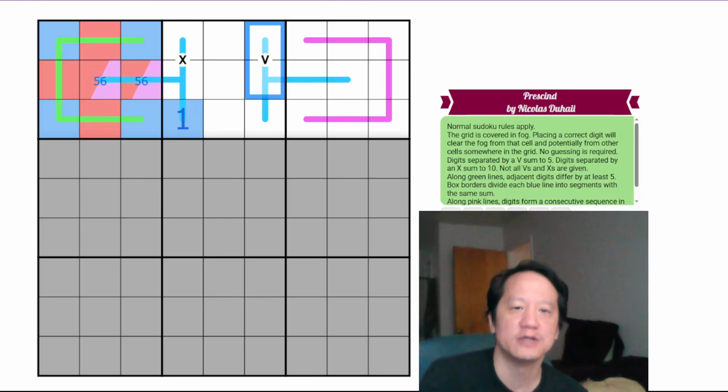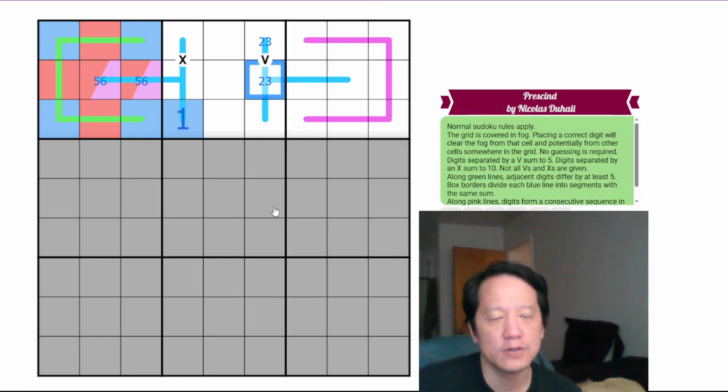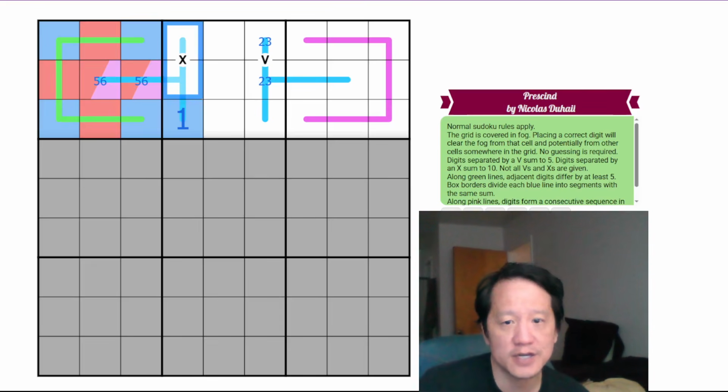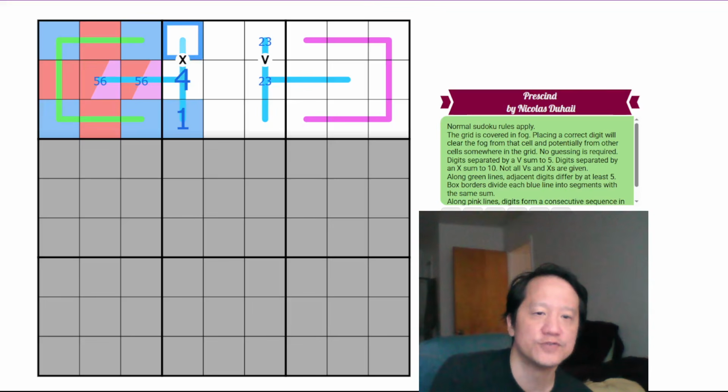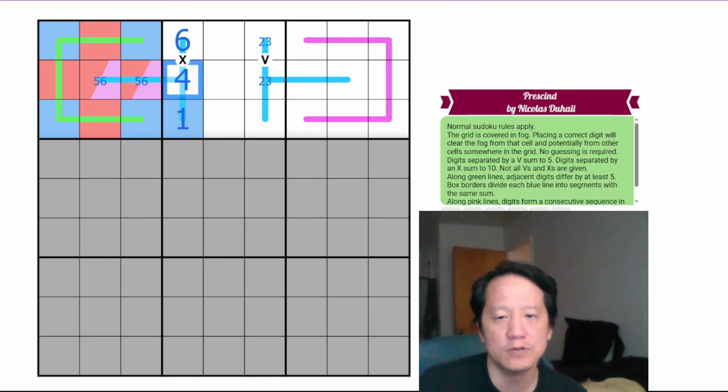So this must be a 2, 3 pair here. That means this can't be 1, 9, 2, 8, or 3, 7. So this has to be 4 and 6. This cannot be 6 here because of the 5, 6 pair in the row. So this is 4 and that's 6. These are low. These are low.